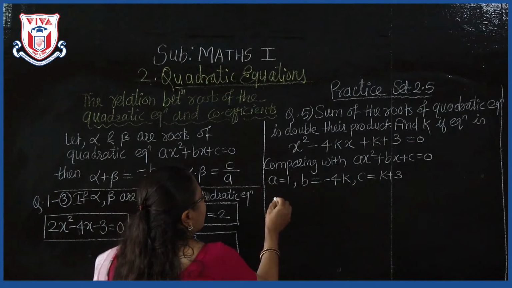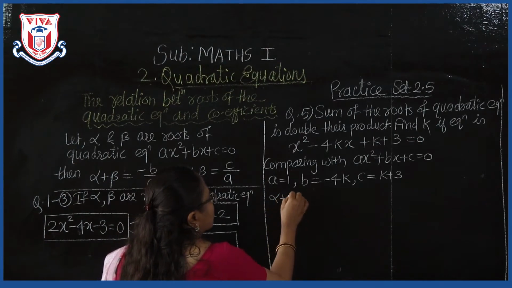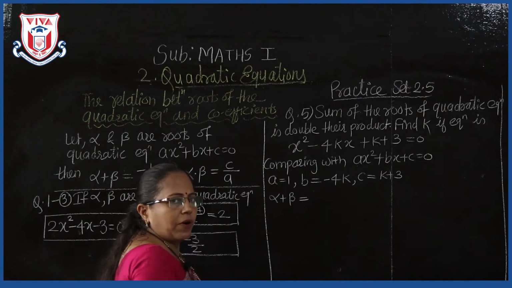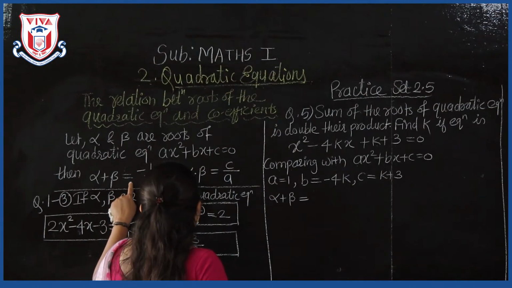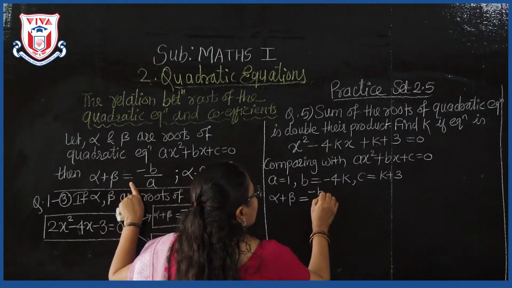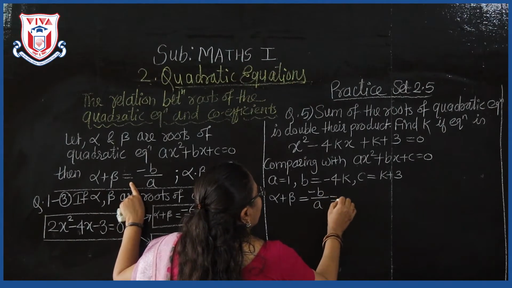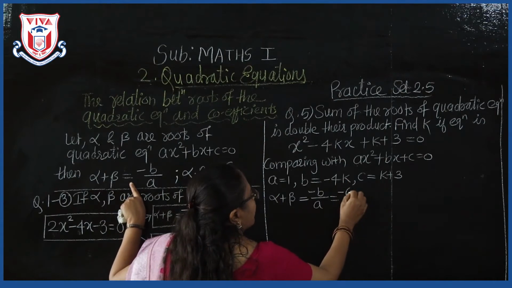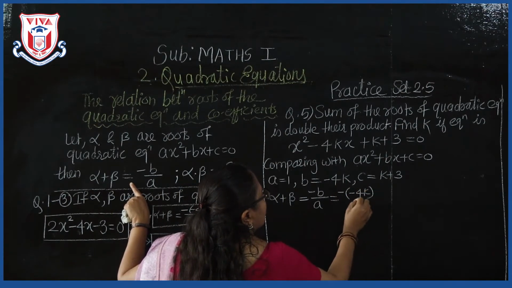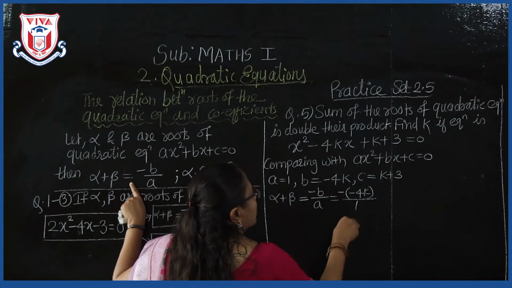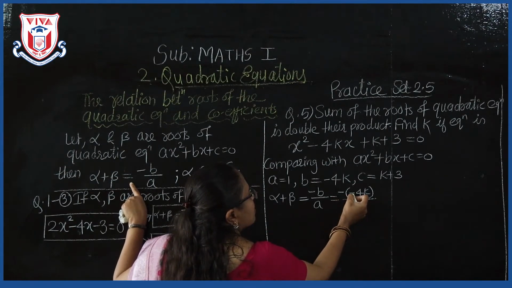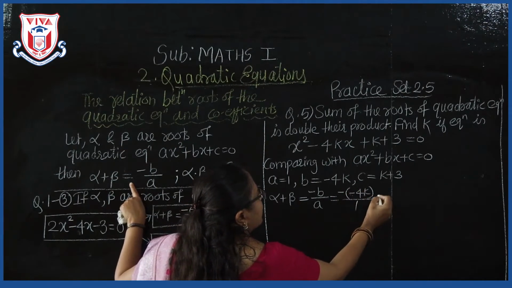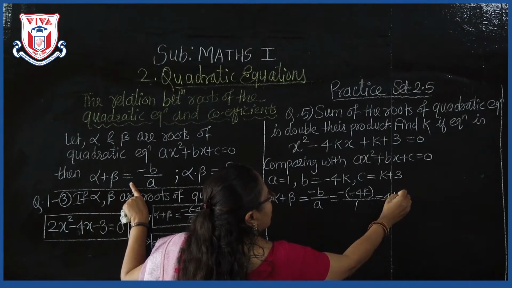Okay, so first we will find alpha plus beta. The formula for alpha plus beta is minus B upon A, equal to minus the value of B, which is minus 4k, and A is equal to 1. So minus into minus is plus. So we will get the value 4k.